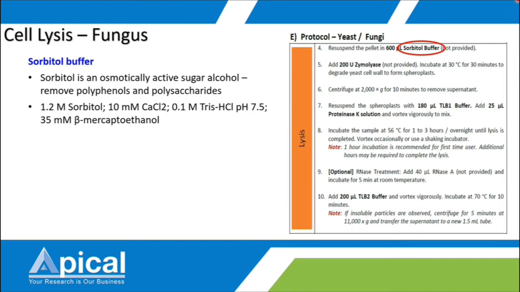Also, in this step, if you find that the first supernatant is cloudy, you may repeat the sorbitol washing step. But usually one wash is more than enough, especially for DNA barcoding samples.